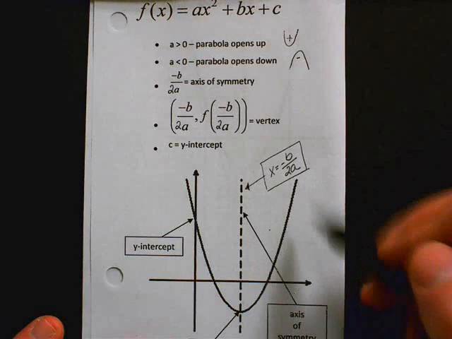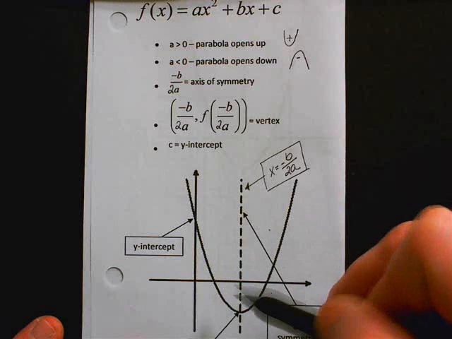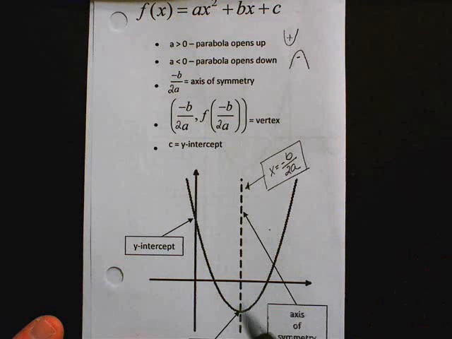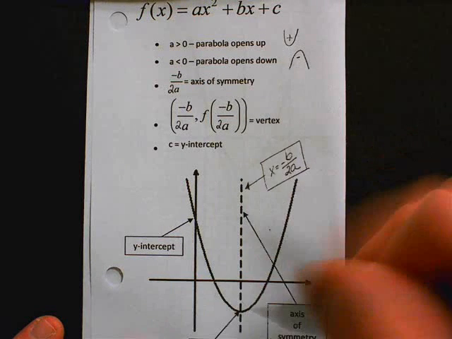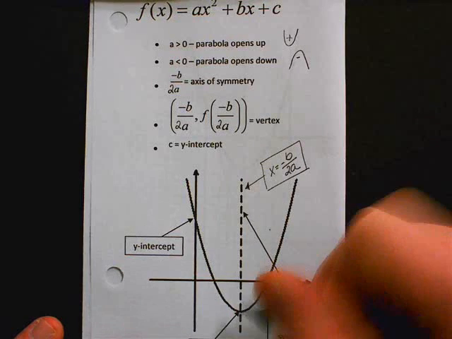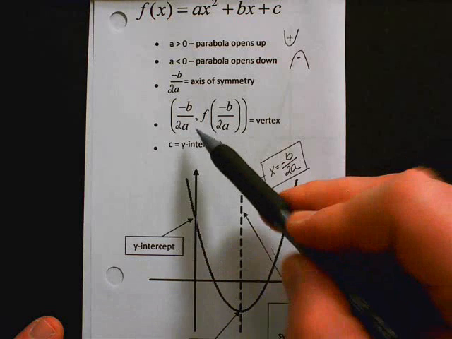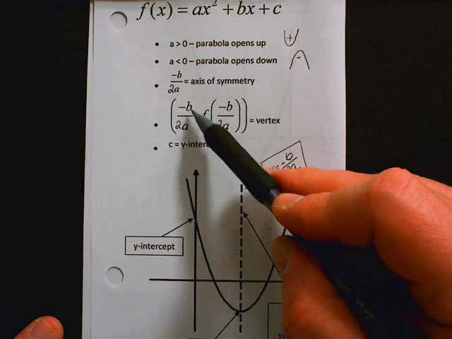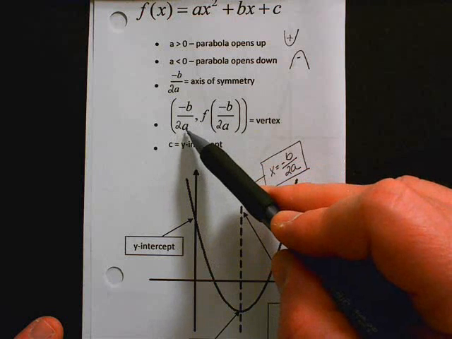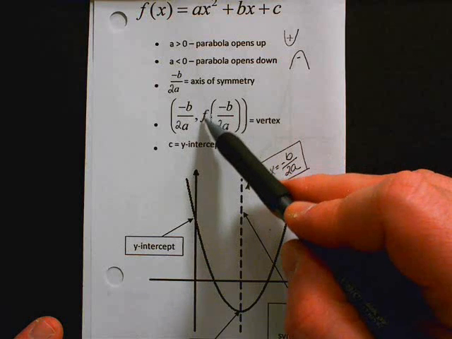Also, the very bottom, or the very top if the parabola is upside down, is called the vertex. You can find the point of the vertex by using this formula. The x-coordinate of the vertex will be negative b over 2a, and the y-coordinate would be the answer you get once you plug negative b over 2a into the function.